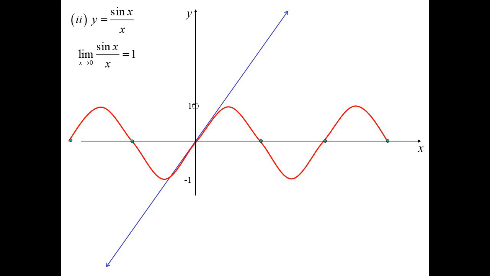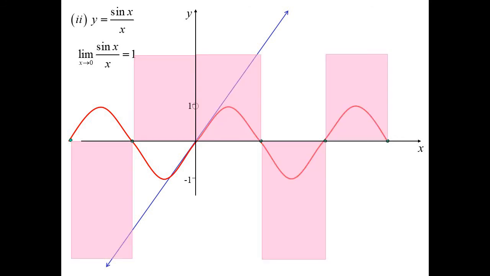Okay, what else do we notice? Well, I can shade in the areas. That's where this curve is going to exist. So we're getting y equals sine x, and we're going to divide by bigger and bigger and bigger numbers. We're dividing by x. Divide by bigger and bigger numbers, what happens to your number? Gets smaller and smaller and smaller.